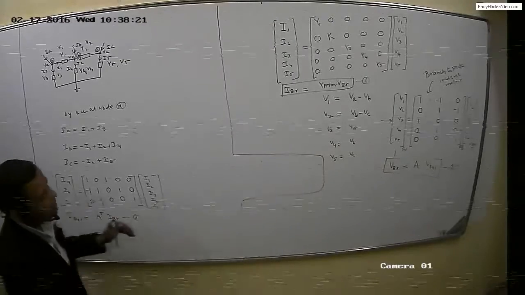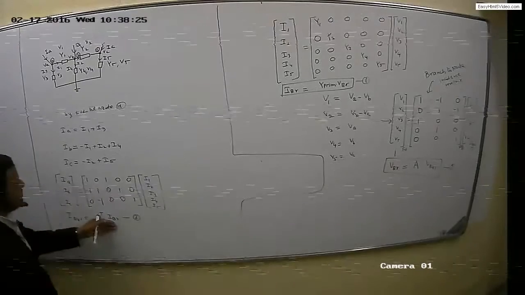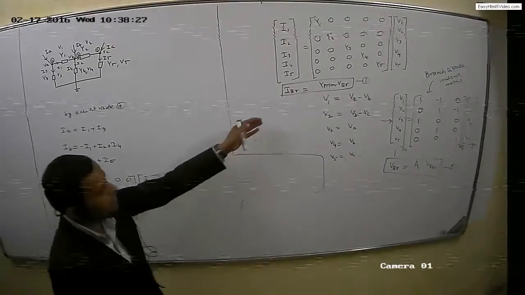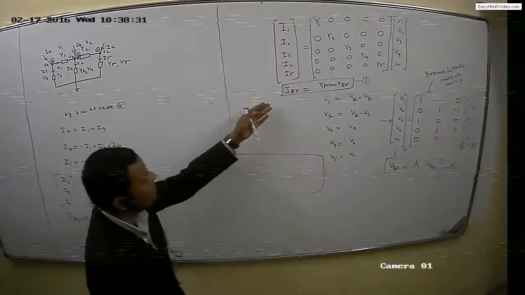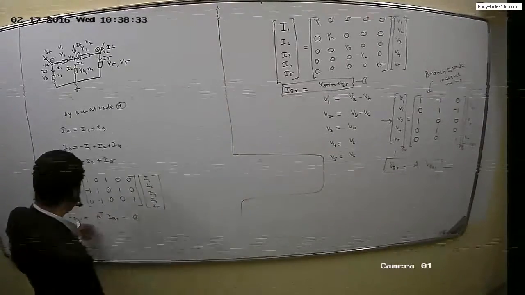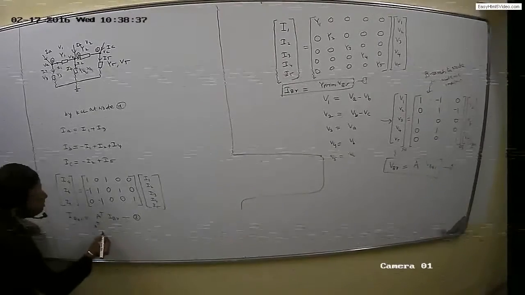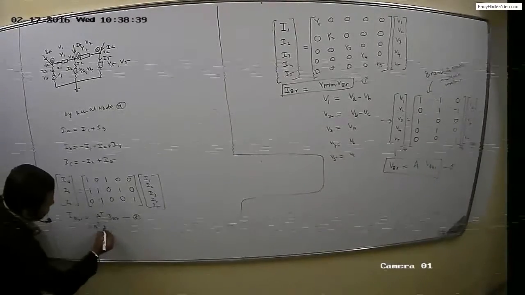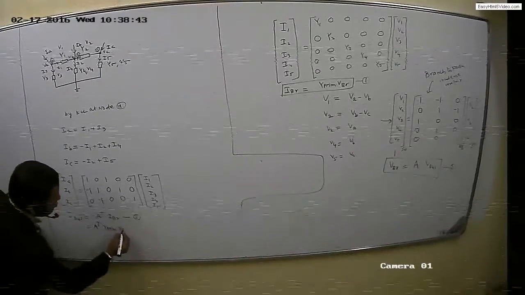Now by using equation number 1, 2 and 3, can I put the value of I branch from equation 1 into equation number 3? So you will get A transpose into Y prime into V branch.